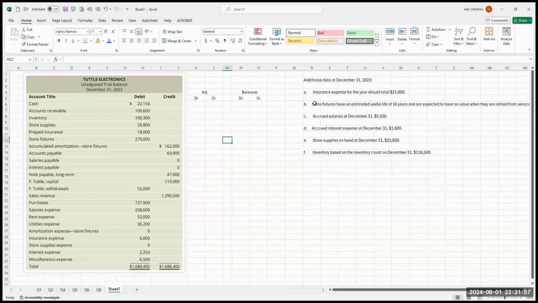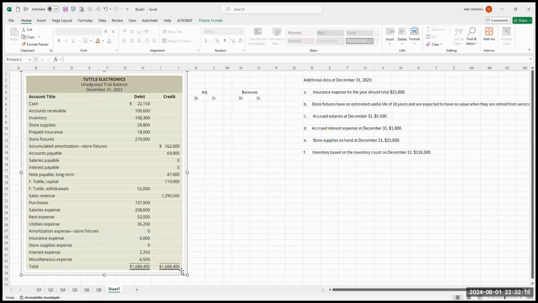Insurance expenses for the year should total 21,600. So the insurance expense at the end of the year should be 21,600. Where is my insurance expense right now? My insurance expense is only 6,000. Can you see it?